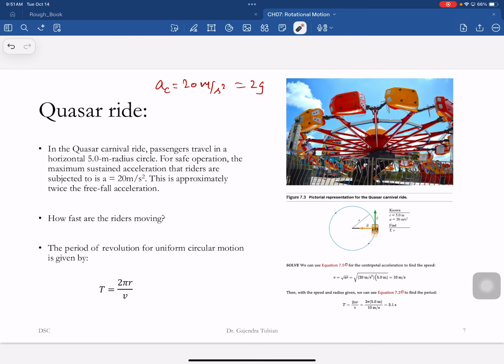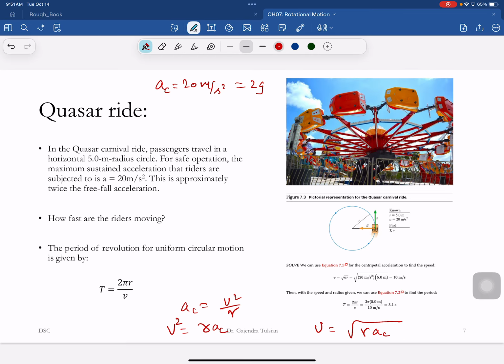All right, so the centripetal acceleration is v squared over r, and v, the speed, is the square root of r times the centripetal acceleration.